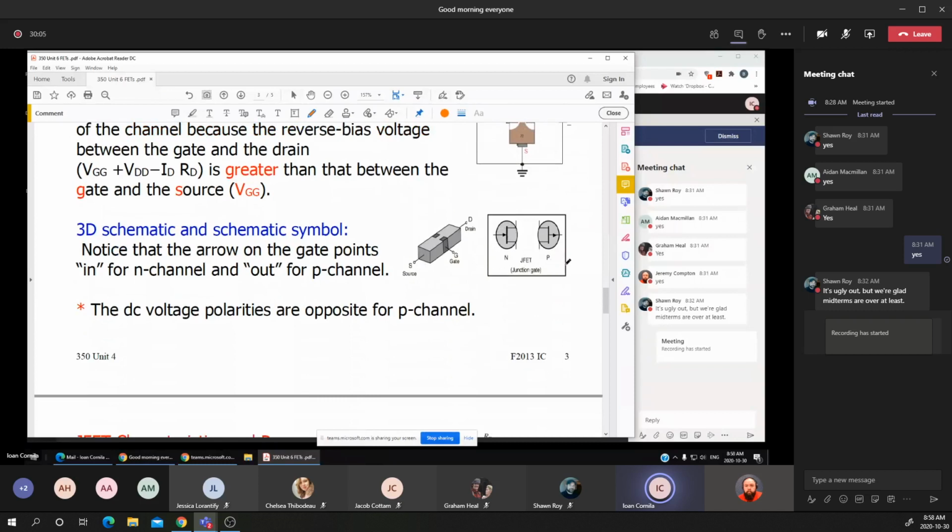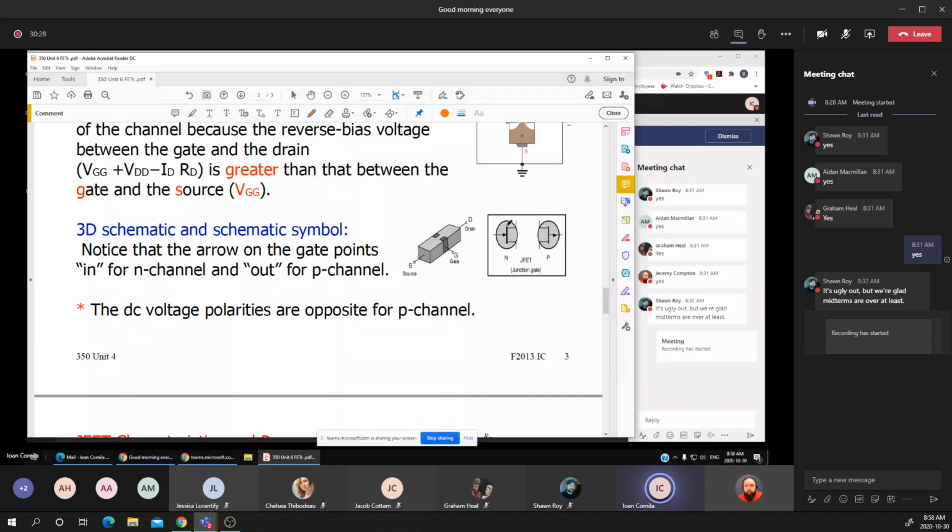But remember that the symbol for an FET does not have those emitter and collector. Most of the time there are straight lines at 90 degrees between the channel and the drain and the source.